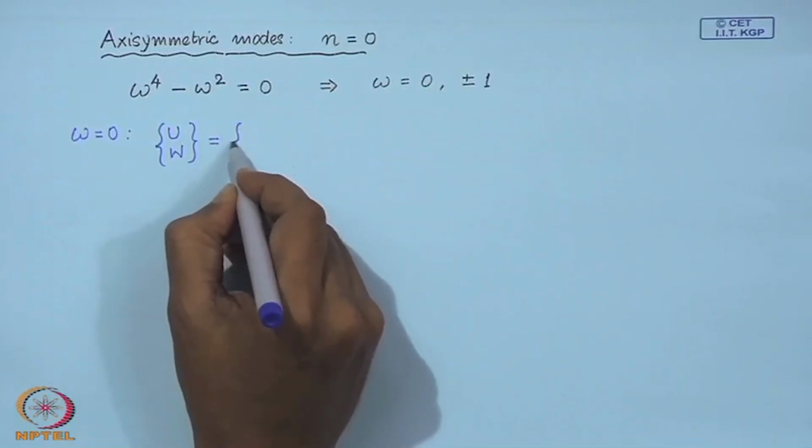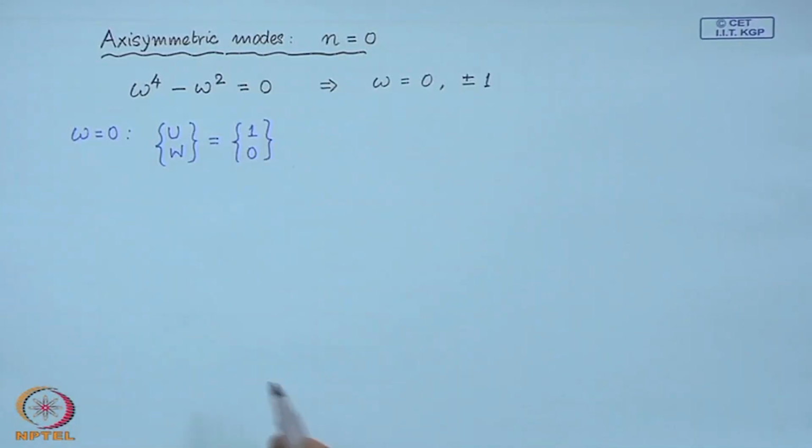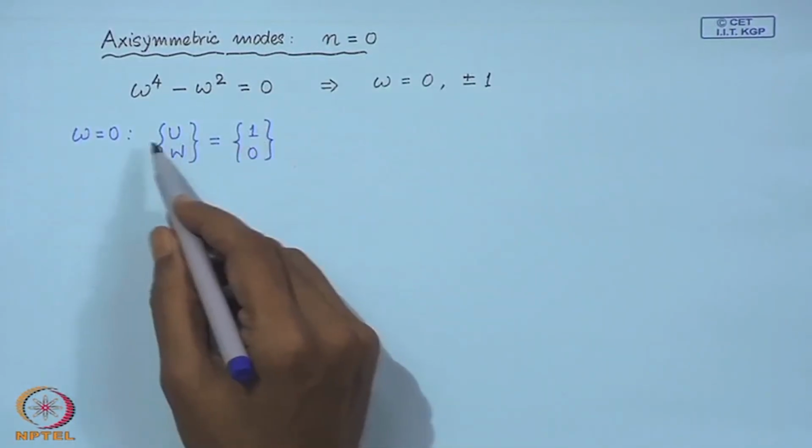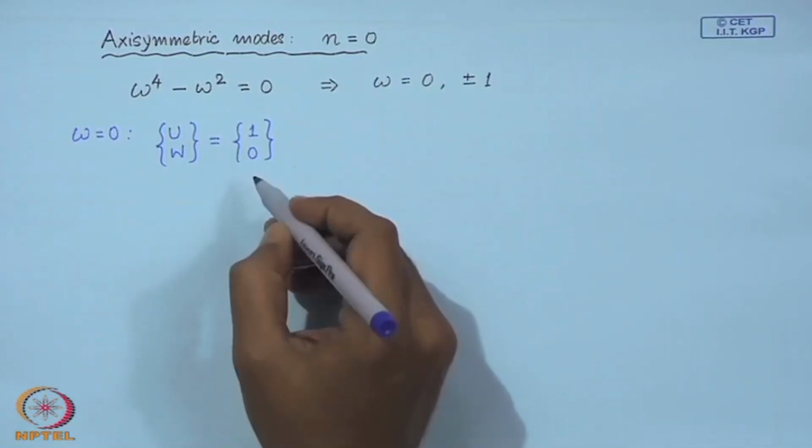turns out to be, if you solve the matrix equation, U and W turn out to be 1 and 0.